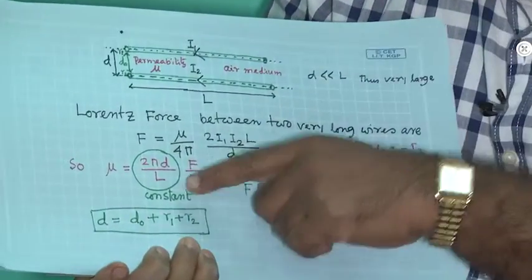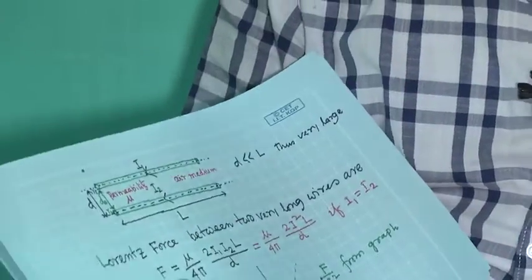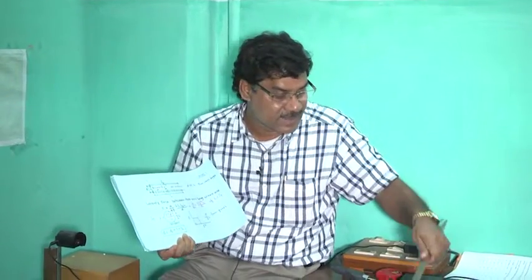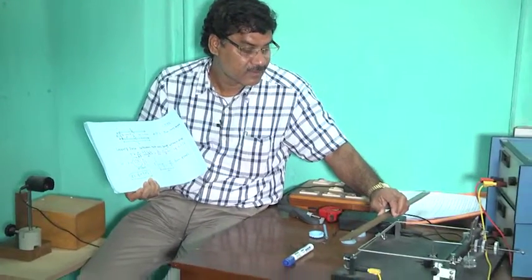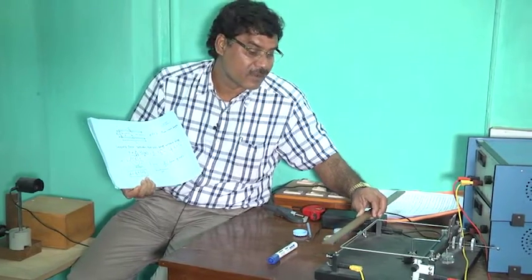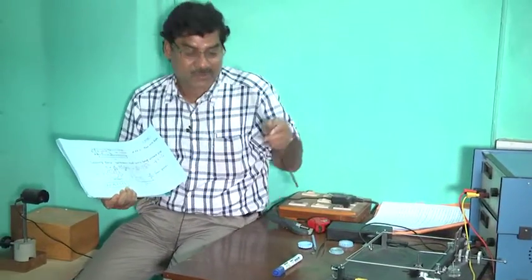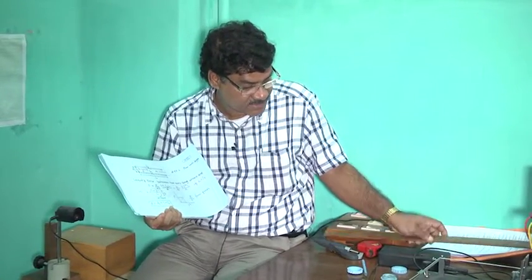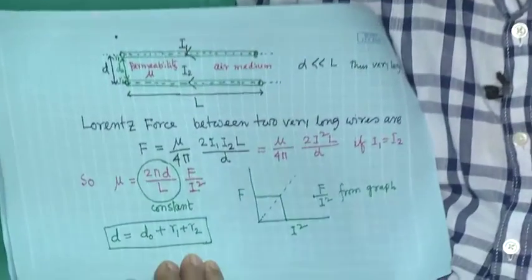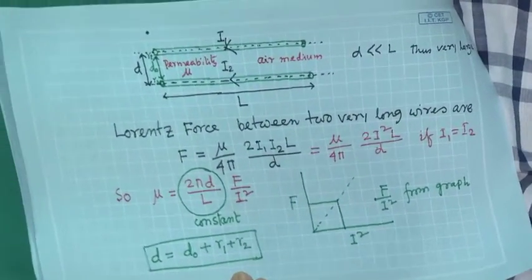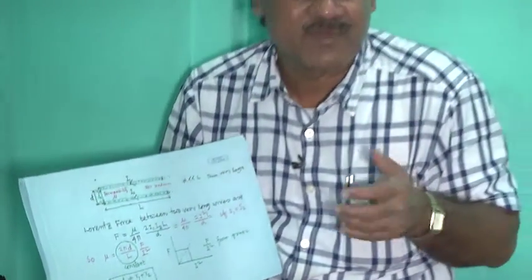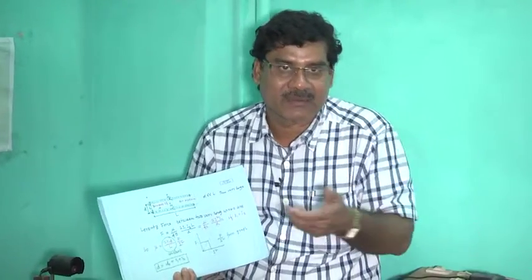Next we have to measure the length L. That is easy. Again I will use this meter scale and take the reading to find out the length. Because the least count is 1 millimeter and this length looks to me more than 20 centimeter, meaning 200 millimeter, the error is just 1 millimeter.